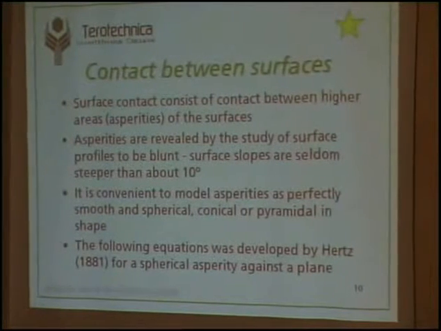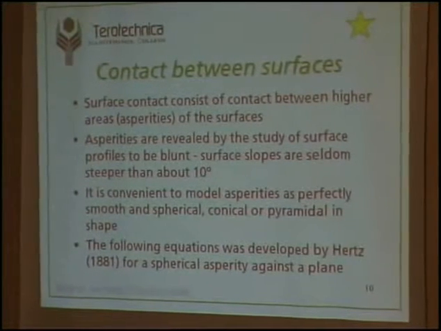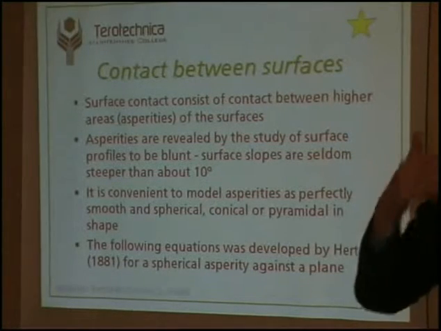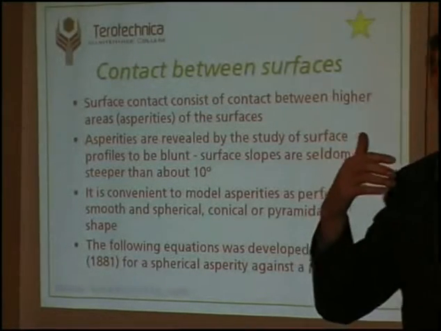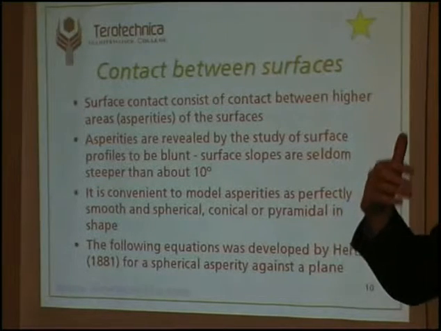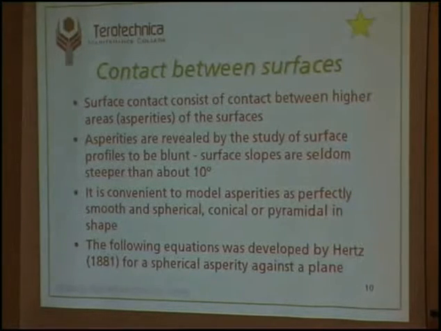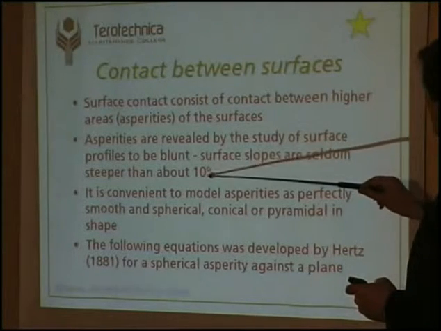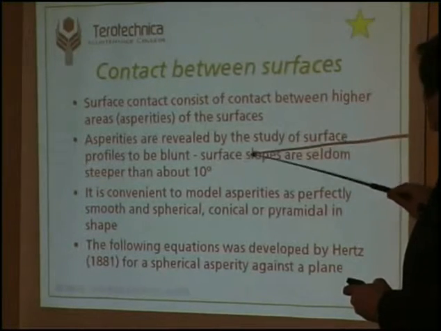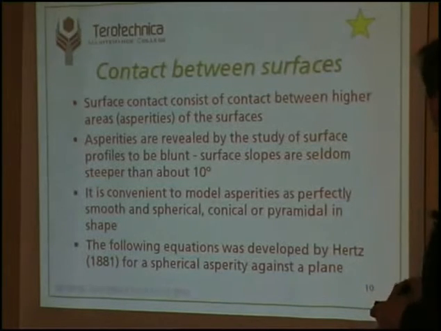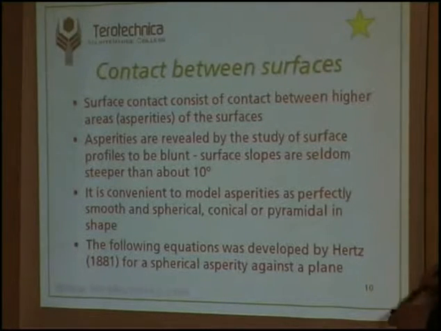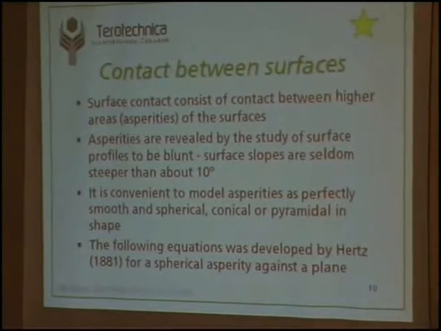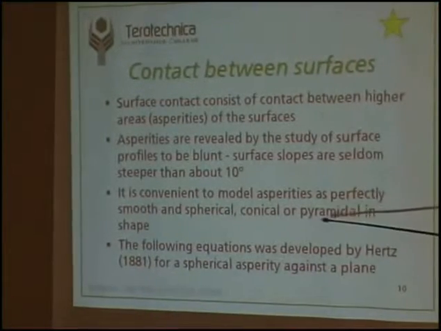The asperities are revealed by a study of the surface profiles. In other words, if you look at it microscopically, you can prove them to be blunt, with very few of them having slopes higher than 10%. So it's convenient to model these asperities as perfectly smooth and spherical, or conical, or pyramidal in shape.